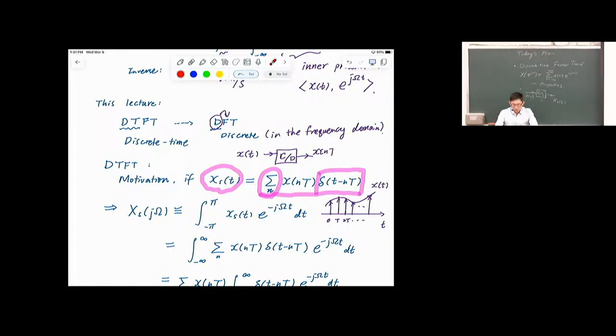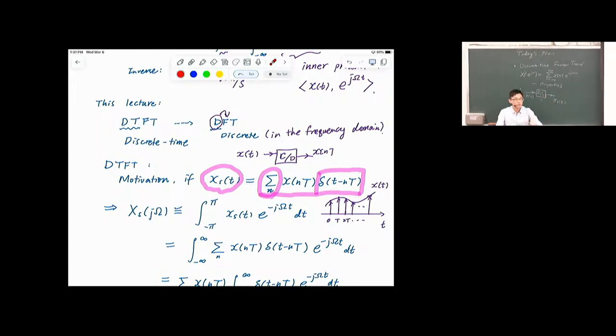Now, if we substitute this into the definition of the Fourier transform, the good old continuous time Fourier transform, let's consider the Fourier transform of the result after sampling. Last time we emphasized that in the frequency domain, you expect the spectrum to be repeated periodically.